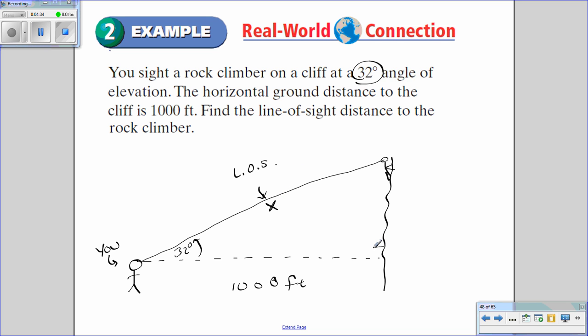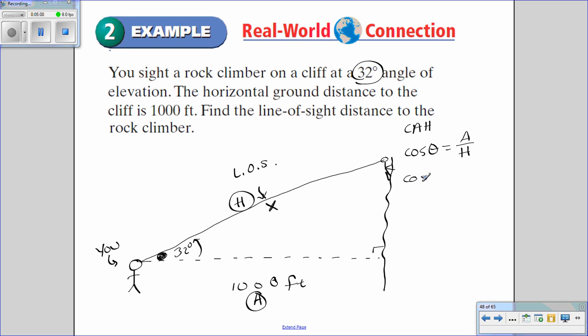Now, if you notice, we have a right triangle. Here's the angle we're viewing from, and there's two sides that we're dealing with. This would be the adjacent leg, and this would be the hypotenuse. So adjacent and hypotenuse would be CAH, representing cosine of the angle equals adjacent over hypotenuse.